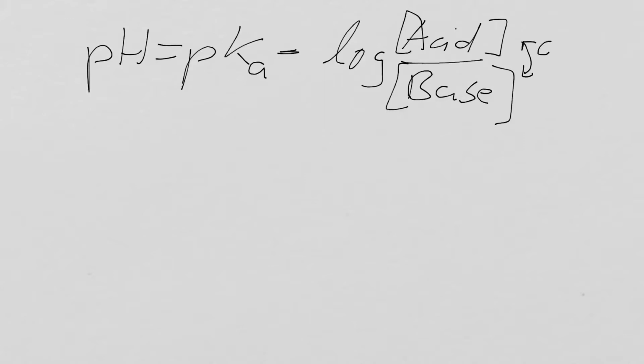You can write this in a slightly different form. I think, Dave, you've done that in a different form. You can write that also as pKa plus log base over acid.